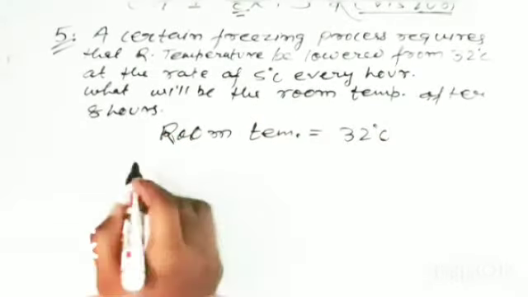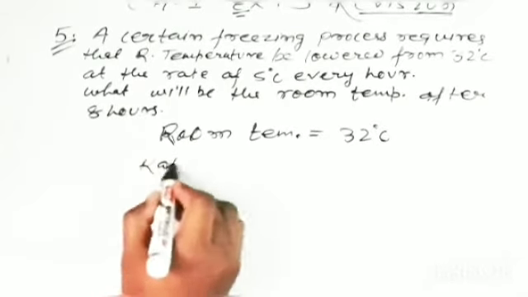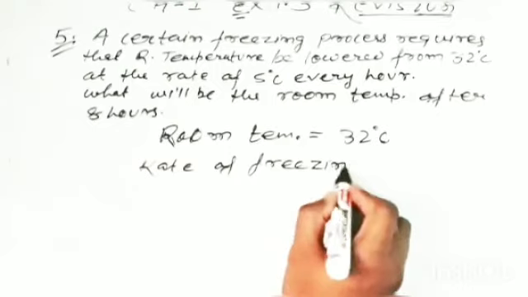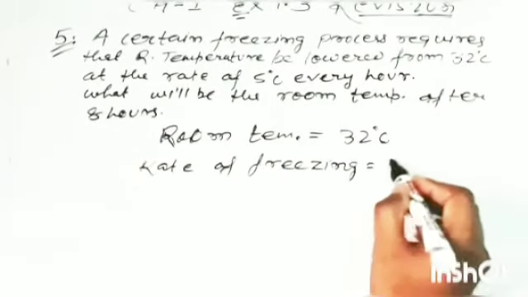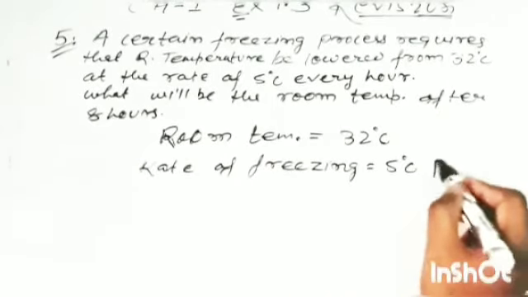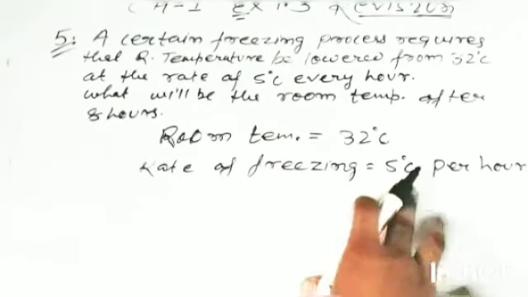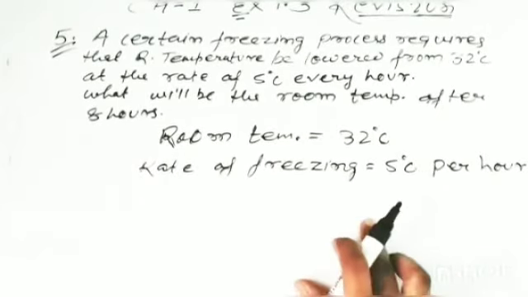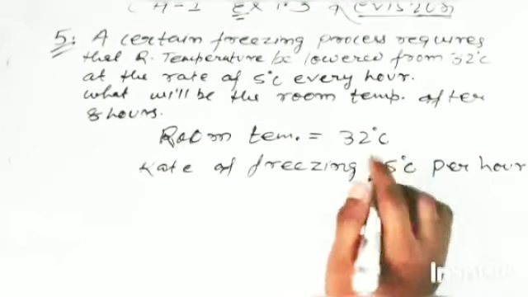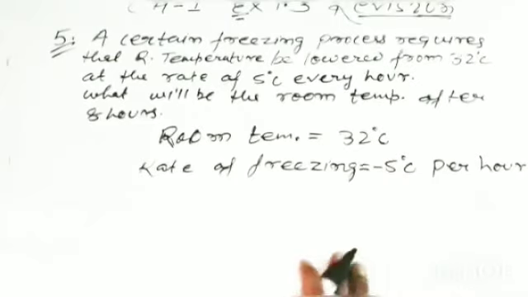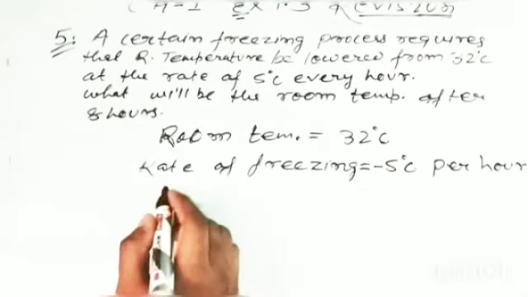So let's see. Rate of freezing is equal to 5 degrees Celsius per hour. So if 5 degrees Celsius temperature is reduced, means, see children, temperature is decreasing, so we have to write minus 5 degrees Celsius per hour. Okay, so let's write next.